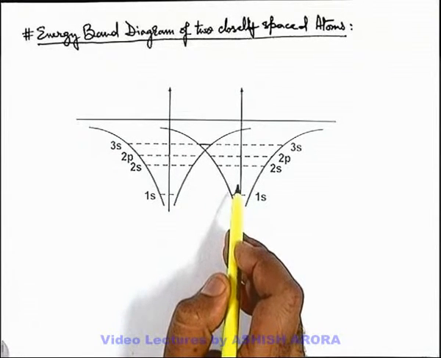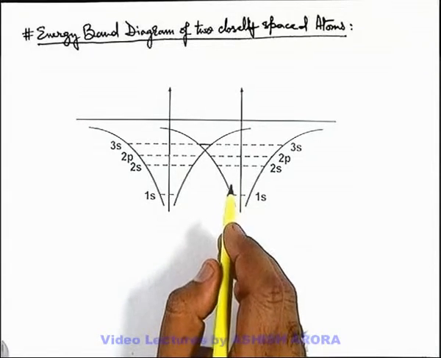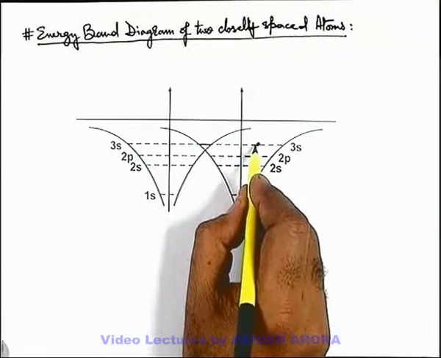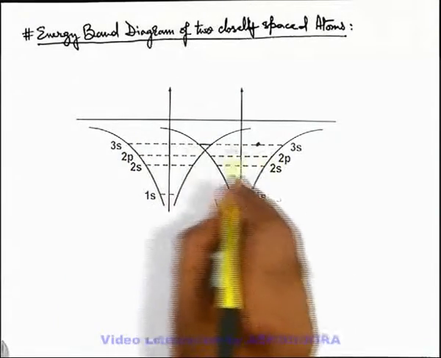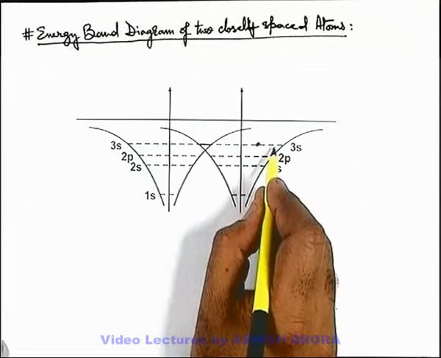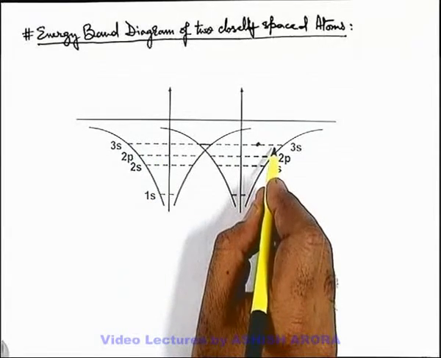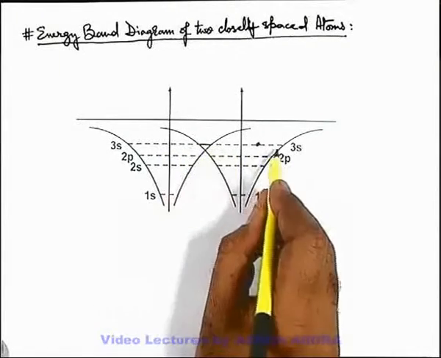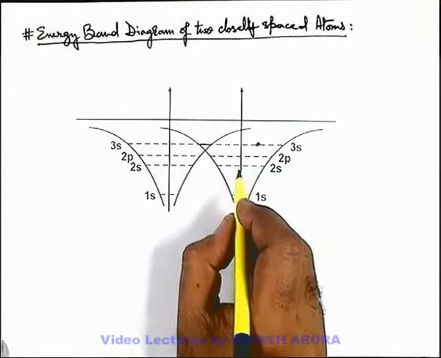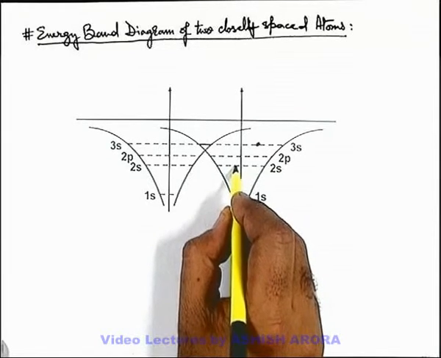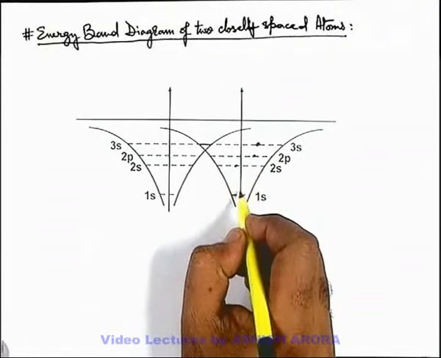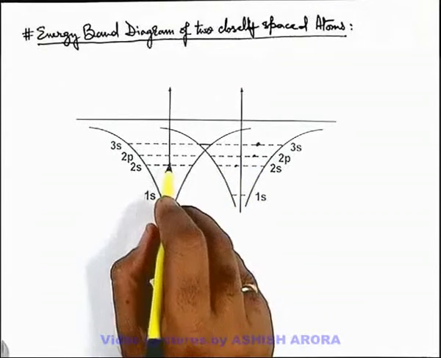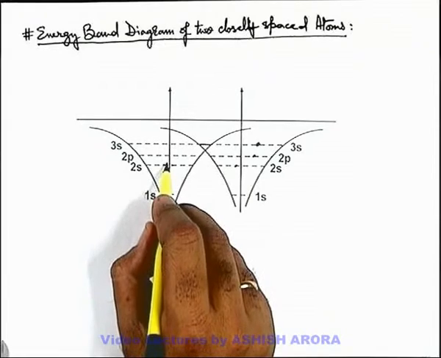So here we can state, in this situation the electron which exists in the 3s orbital is free to move in the whole combined 3s orbital, or we can say this is the molecular orbital, a common orbital in which the electron is allowed to move, but the electron which is moving in the influence of an individual atom, that is in 2p and 2s, is not allowed to move in the other atom's zone.